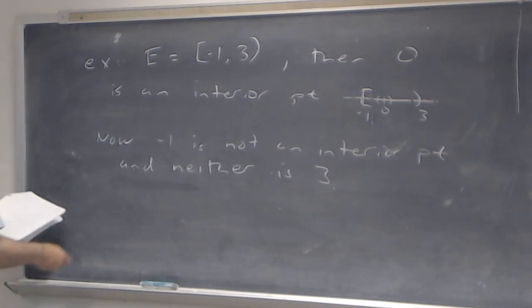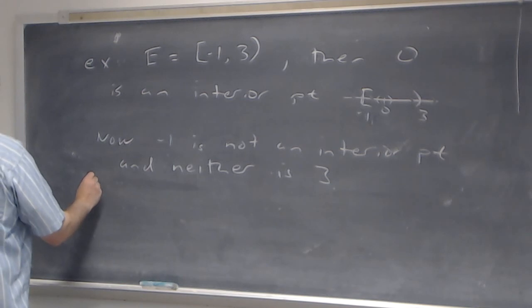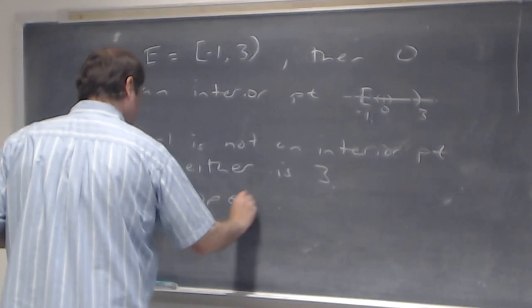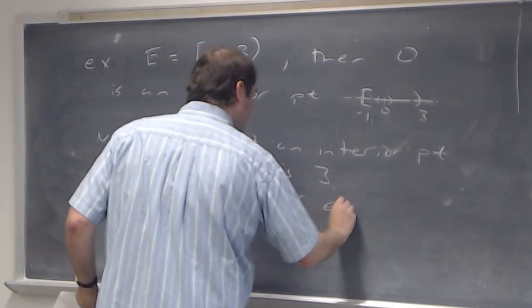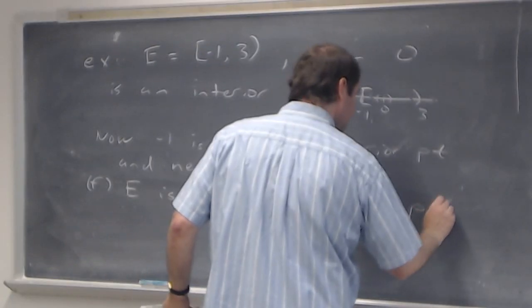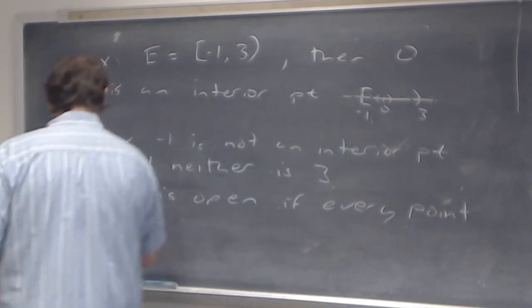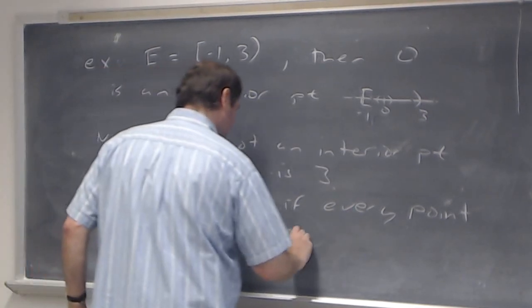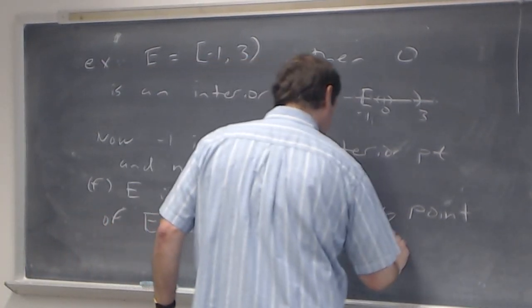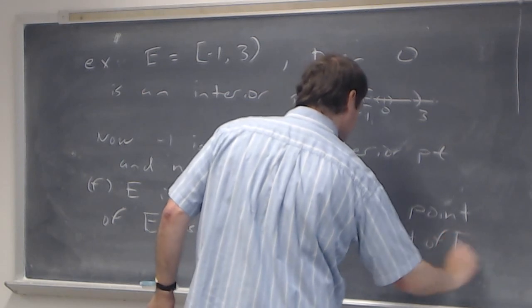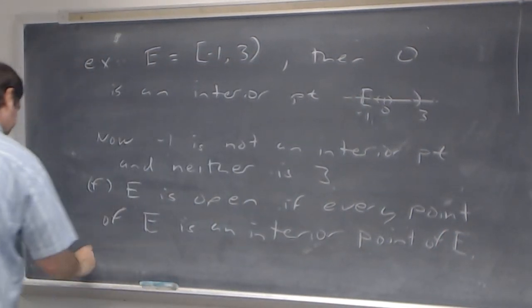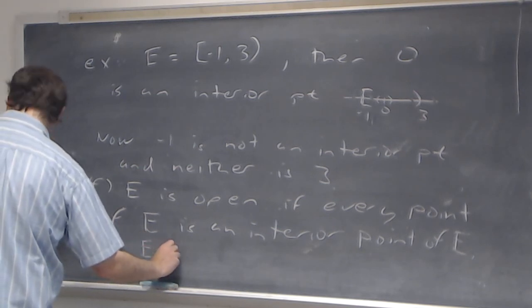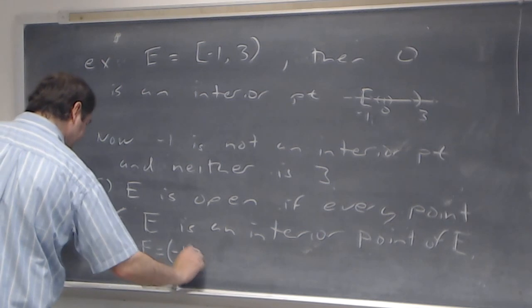Okay. Here, this last definition that we'll do today says E is open if every point of E is an interior point of E. So, as an example, if you look at E equal to (-1, 3), that's open.